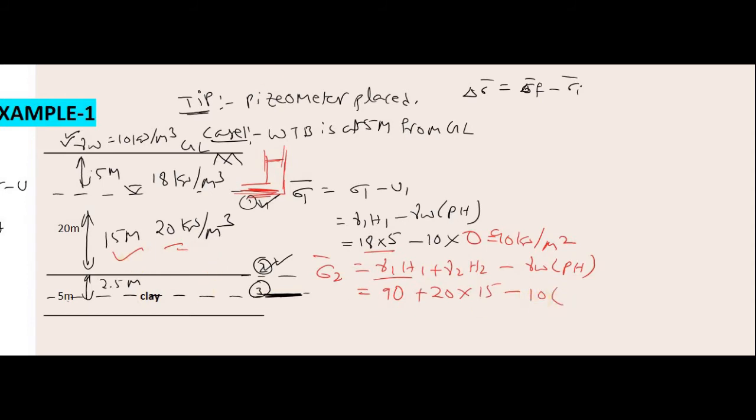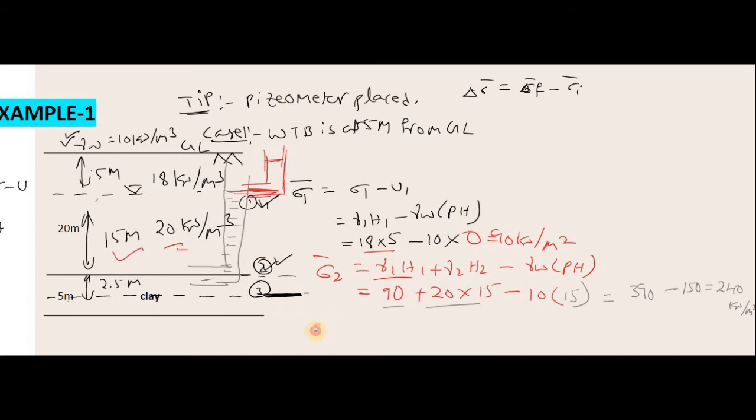For the pressure head, place a piezometer here. The piezometer level will rise till the water table, so this is 15 meters. So this equals 90 plus 300, that is 390, minus 150, which is 240 kilonewton per meter square.